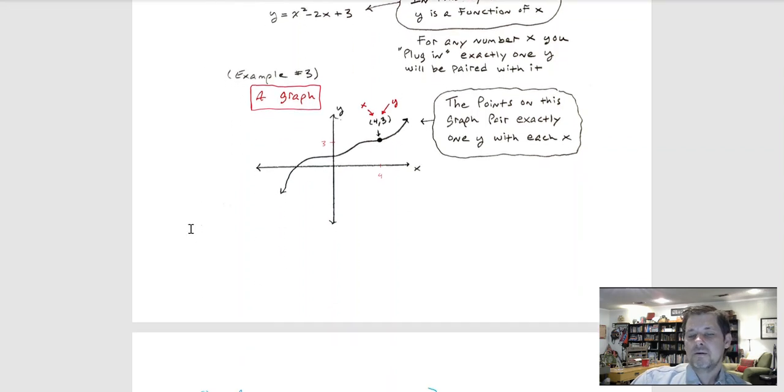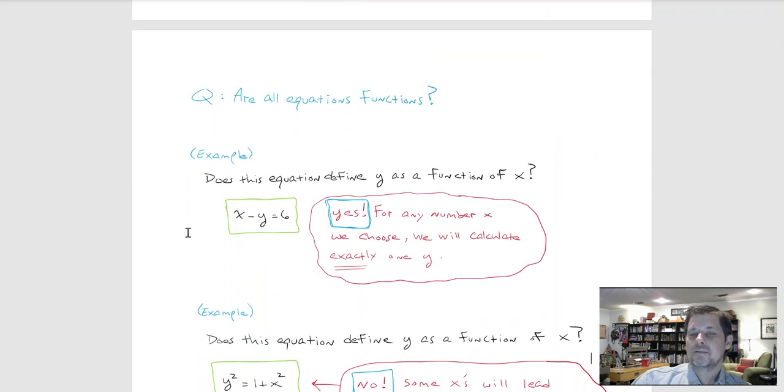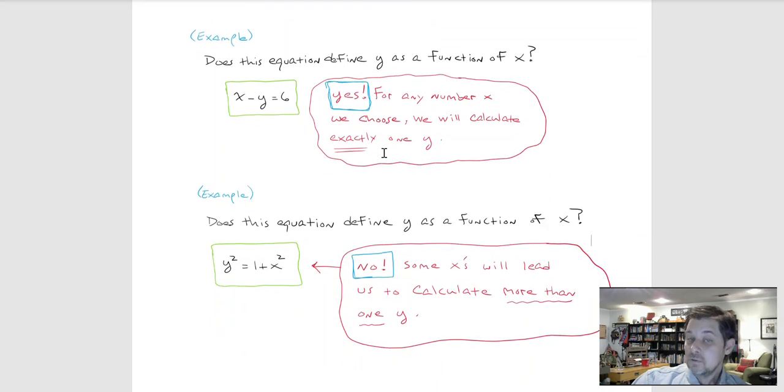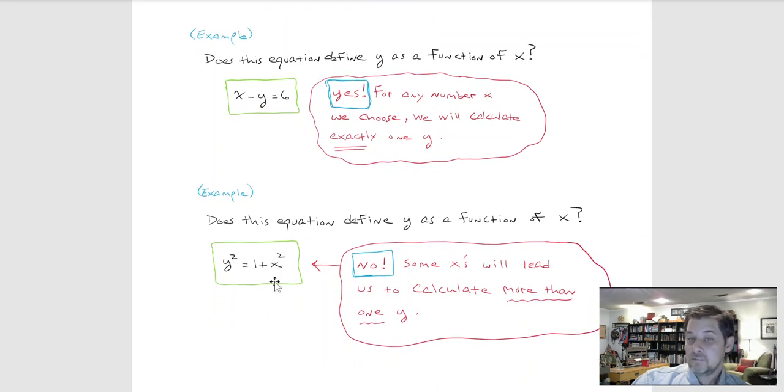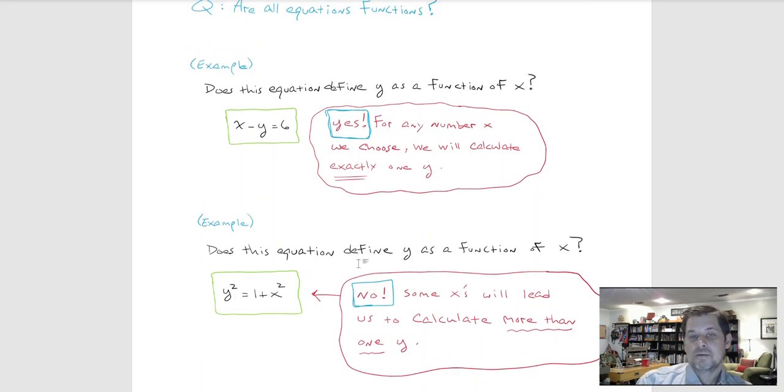Okay. All right. Now let's talk about one more thing. Are all equations functions? I'll give you two equations and we'll see that sometimes not. So here's an equation and I ask you to consider the question, does this equation define y as a function of x? So what would that mean?